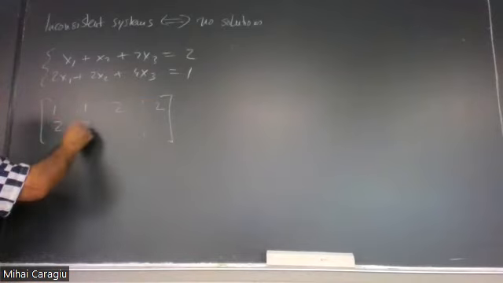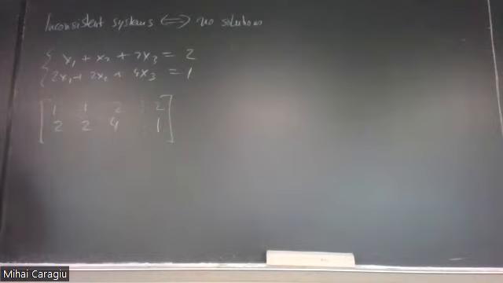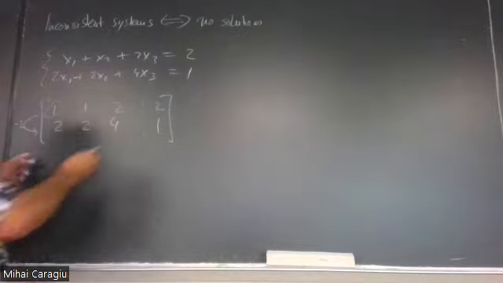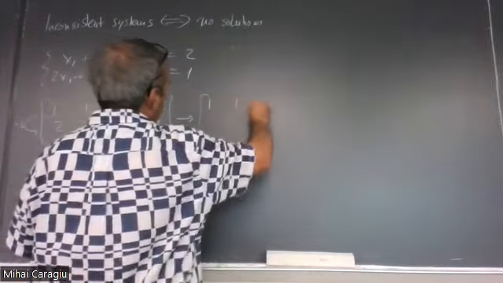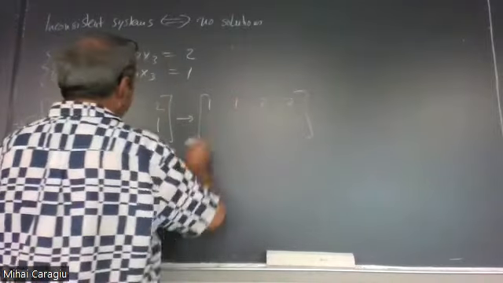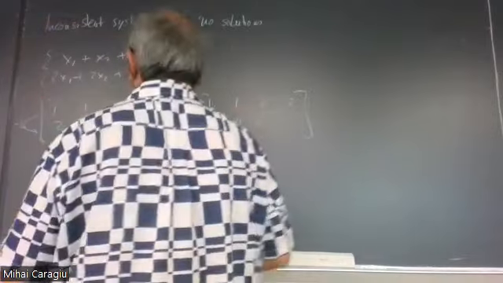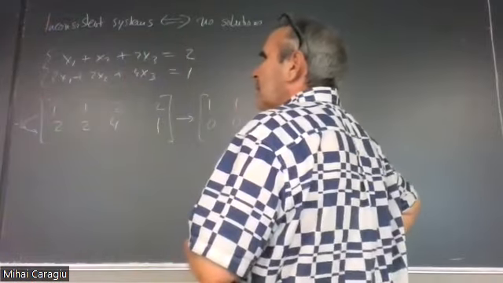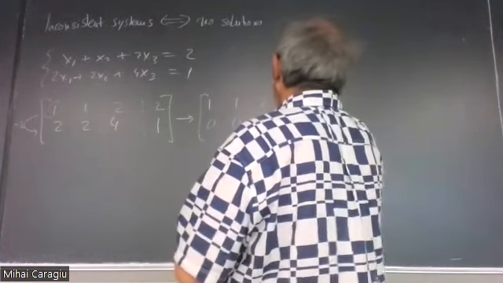Then 2, 2, 4, and then we get the 1. What's the pivot? To start, it is the pivot, 3 zeros below, so minus 2 here. So what do we get? First row remains the same, 1, 1, 2, 2. Second row, 0, 0, 0. So multiply the first row by minus 2, in the third row. So we get a minus 3.